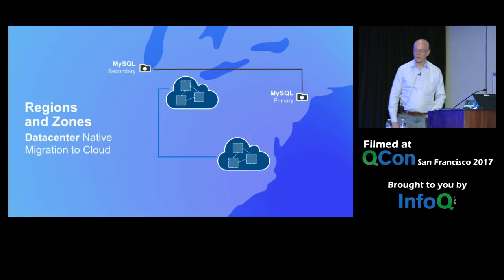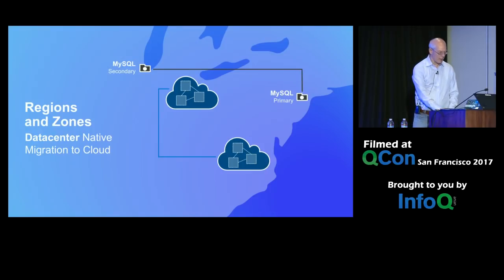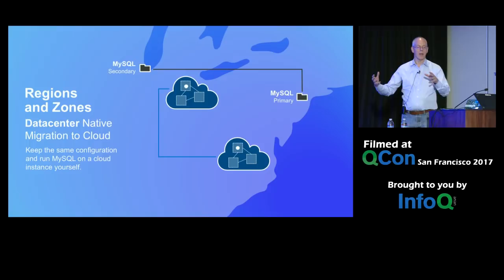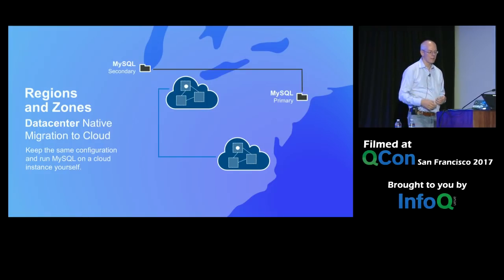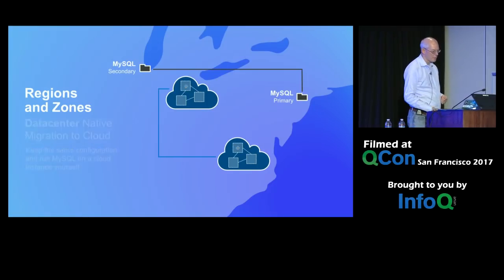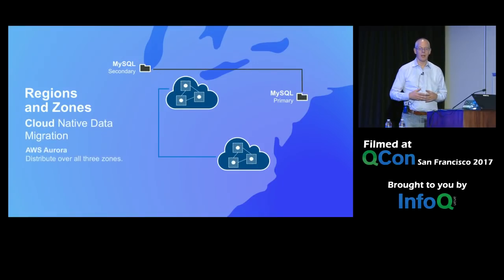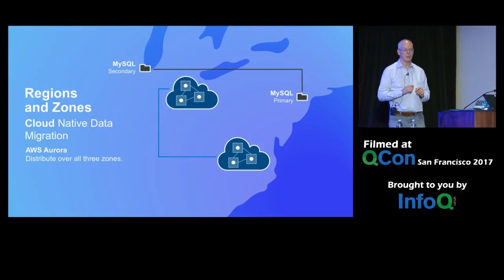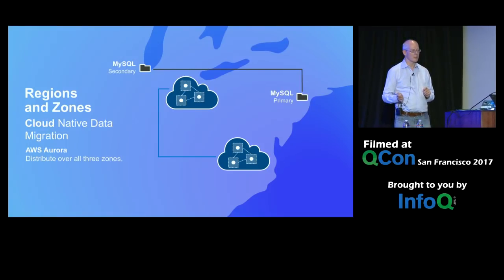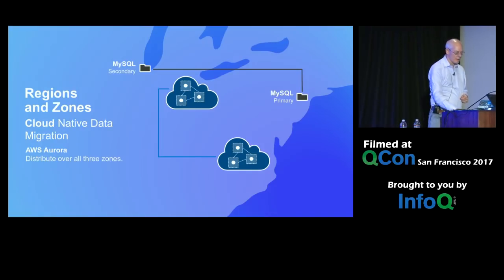So if you do a data center migration to cloud, and let's say you have a MySQL primary and secondary, and you just copy the image that you had in the data center to the cloud, you're only using one zone. You haven't really got any additional resiliency here. I wouldn't say that's a cloud native thing. It's like a forklift. What you really want to do if you're moving from a data center is replicate copies of your application if it's horizontally scalable, replicate the data across three zones, and then you've got a much more resilient system.